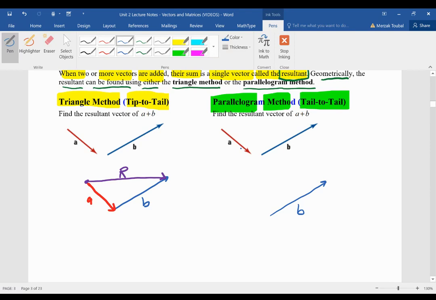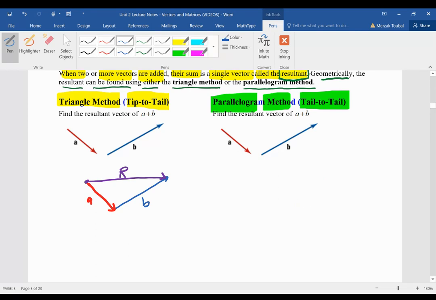We can translate vector A, or we can translate vector B. Let's just translate vector A. Let me see which one is better. Actually, it doesn't really matter. Okay, yeah, I want to do this instead.